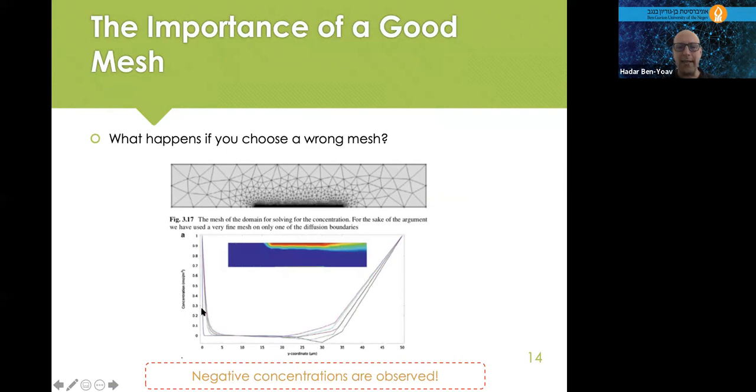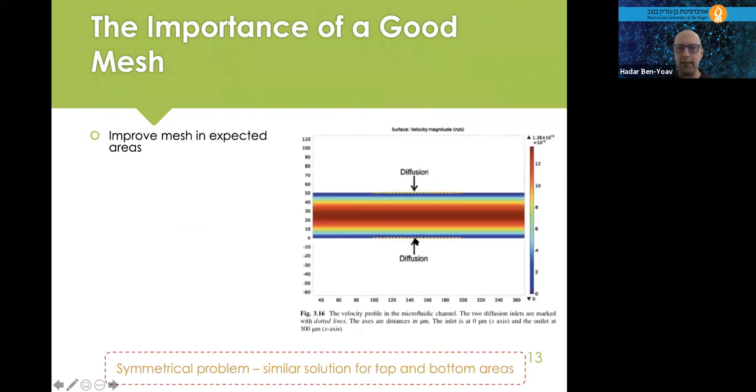And this is the concentration as a function of the y coordinate. The higher concentration is in red. So the concentration goes from here to here. And again, we look at diffusion. So some material concentration is supposed to come from the sides inside.